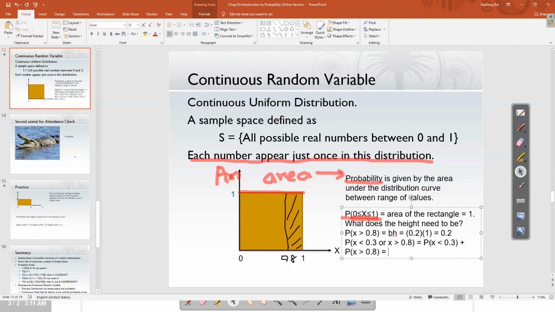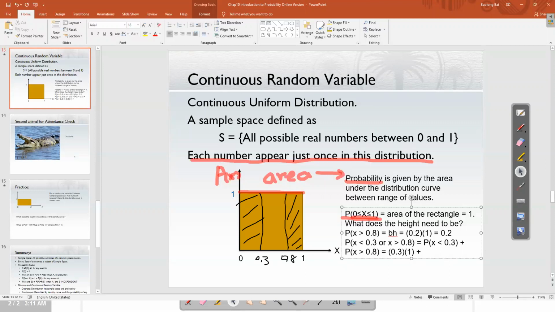And then basically we have another area from 0.3 down. So smaller than 0.3 will be 0.3 times 1 as the area.